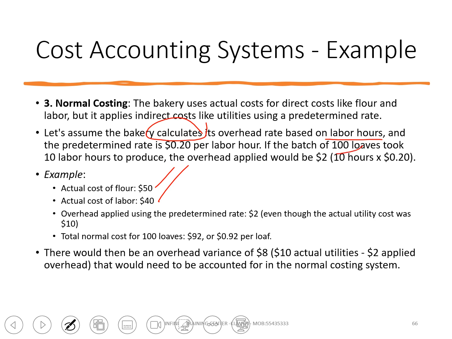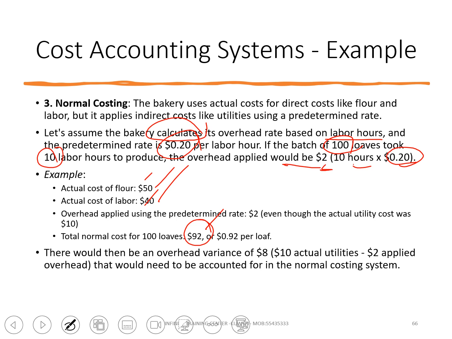If the batch of 100 loaves took 10 hours, then the overhead applied would be 10 hours multiplied by 0.2, because we have decided the per labor hour cost is $0.2, or 20 cents. So only $2 will go to the bread. Here our cost is going to be 50, 40, and 2, which is 92.